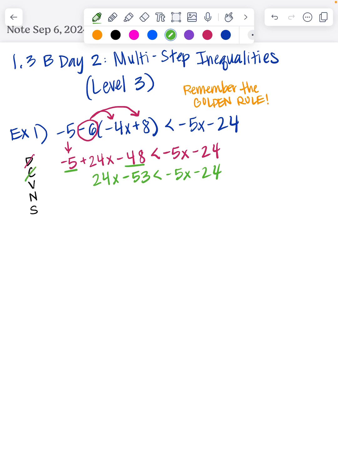In my next step, I need to get the variable over to one side. And you guys know I like the x to be on the left. So I'm going to get rid of 5x that's on the right side. So inverse operation would be add 5x.